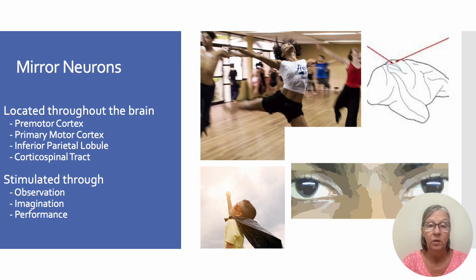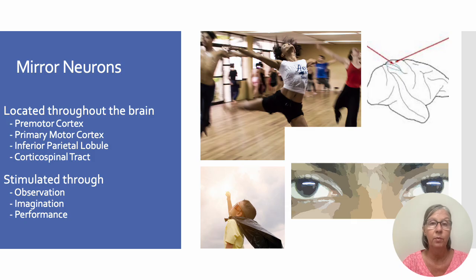We have what is known as mirror neurons located throughout the brain. They can be found in the premotor cortex, the primary motor cortex, the inferior parietal lobule, and the corticospinal tract. And we can stimulate these mirror neurons through observation. So anytime we're looking at something, we are stimulating mirror neurons.